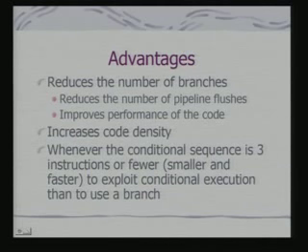So, a rule of thumb says that whenever the conditional sequence is 3 instructions or fewer, it is useful to exploit conditional execution rather than use a branch. But if the number of instructions to be executed on a particular condition is bigger than this, what will happen? If you use conditional instructions, your pipeline will effectively have NOPs.